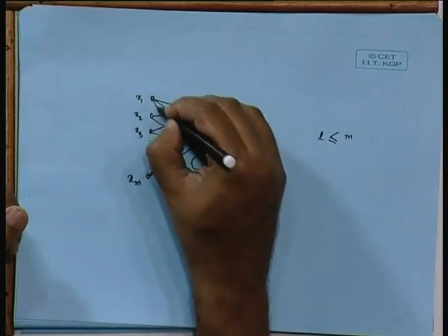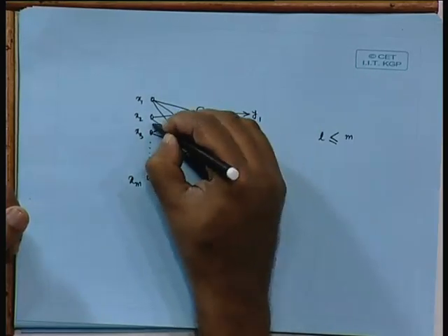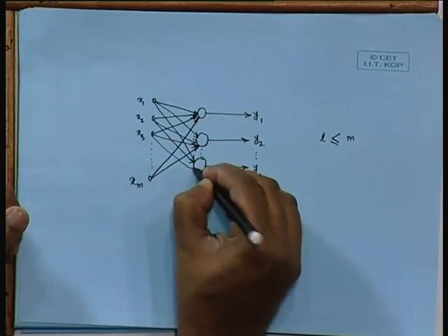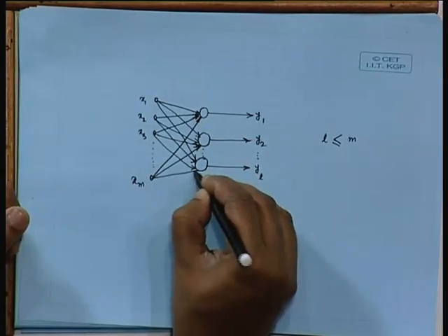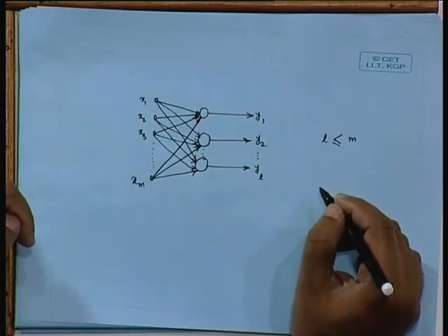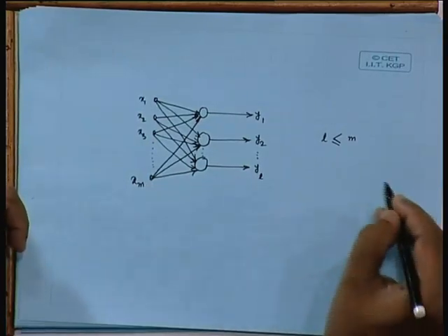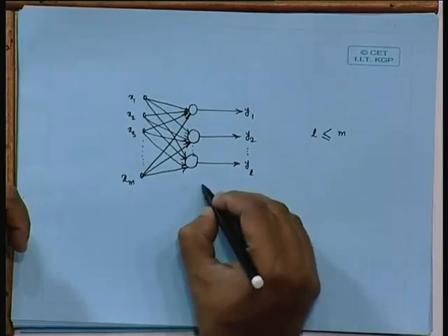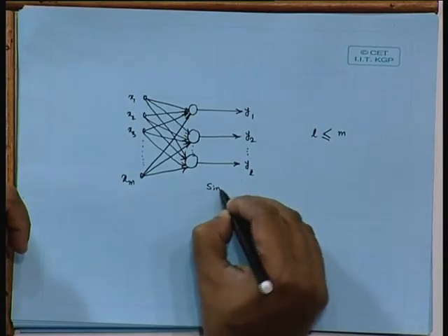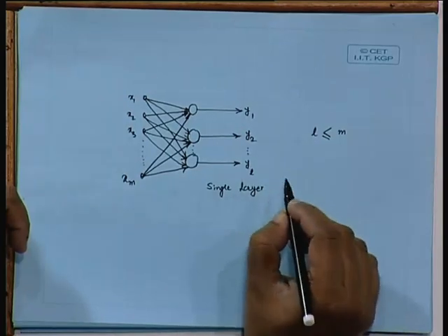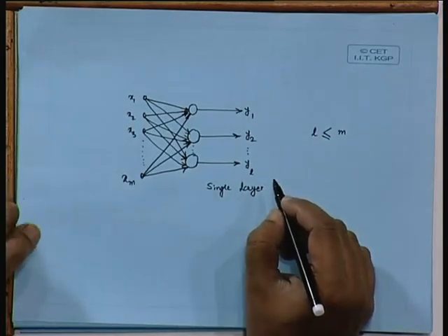Like this we continue, and m connections for the last one. All right. And since all the neurons are linear, this is basically a single layer. So, you can see that we are using a single layer of neurons.